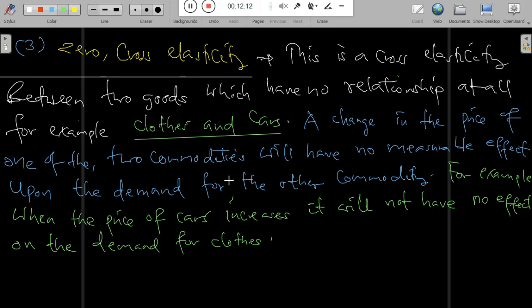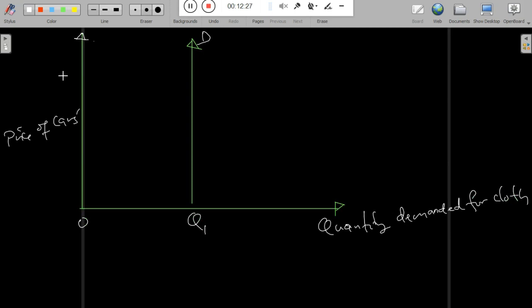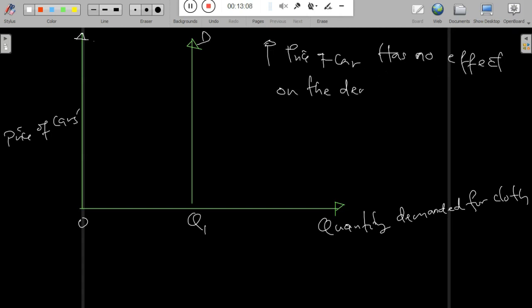So it will be better now to look at how we can sketch the graph. We have a simple graph like this. We have the price of car, and we have Q1 represented on the x-axis, the quantity demanded for crosses. The demand curve is going upward, but the price of cars is also going upward like that. This assumes that a change in price has no effect on quantity demanded, because the two commodities consumed by the consumer have no relationship to each other.